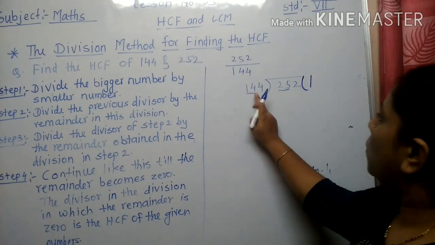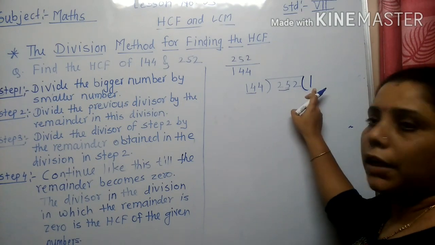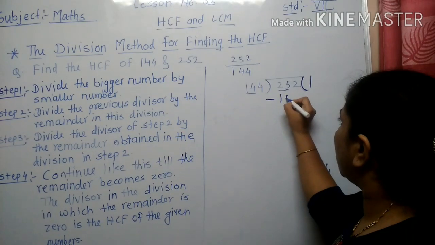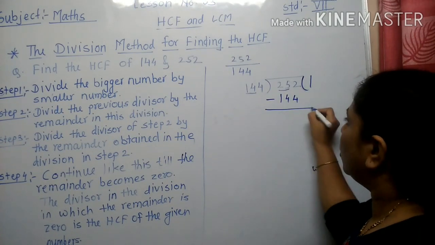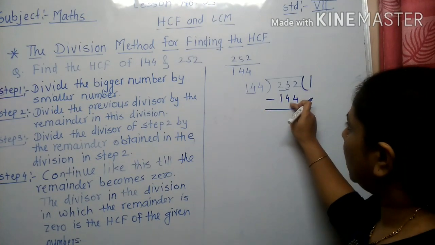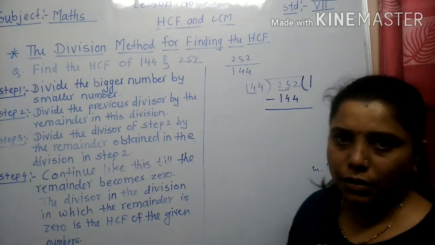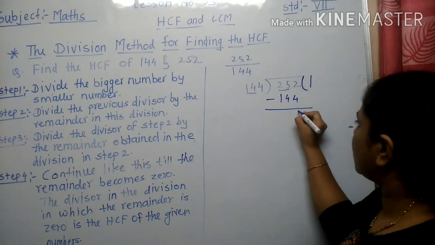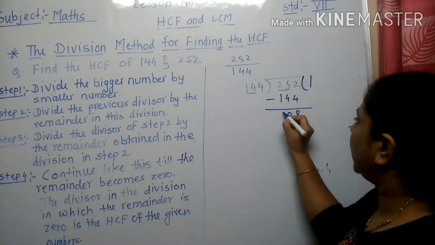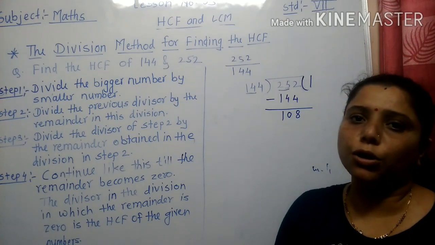Now 144 into 1 is 144. You are subtracting. You can subtract the smaller number from the larger number. Now do the subtraction: 12, so here 8, then 0, then 1. Simple division. Now you got it.